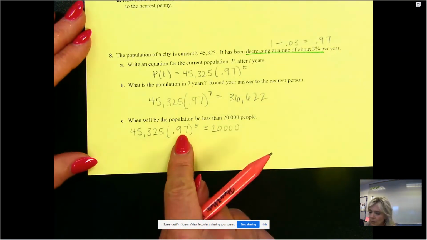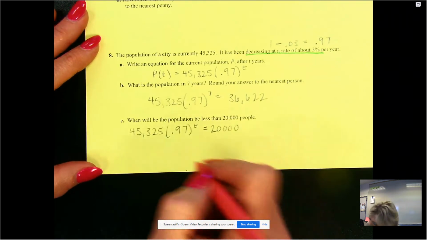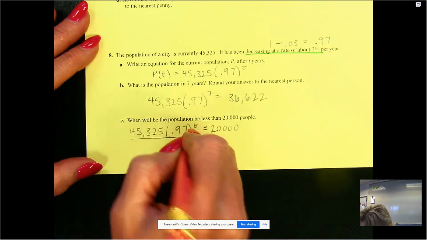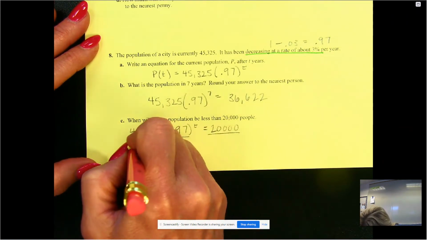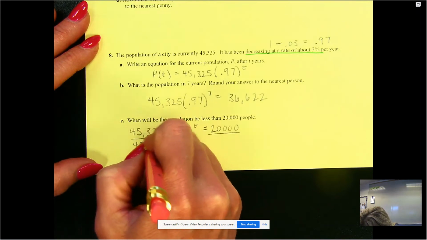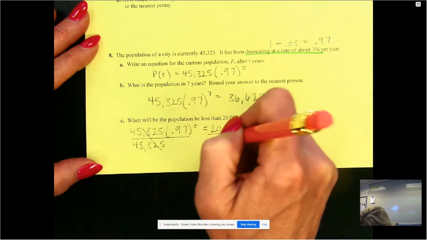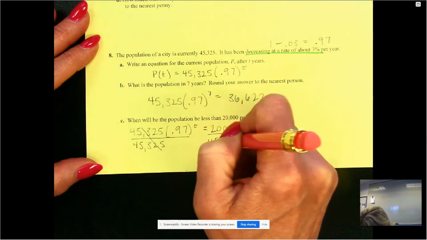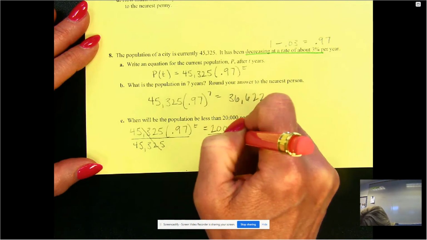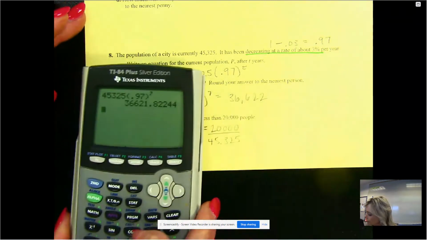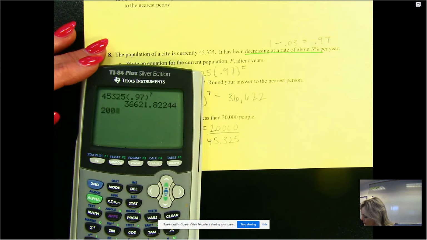So again, base and exponent, we want to get that by itself first. So divide. So let's see what kind of a number that is. 20,000 divided by 45,325. Oof.